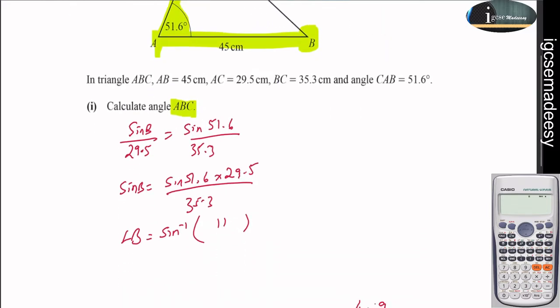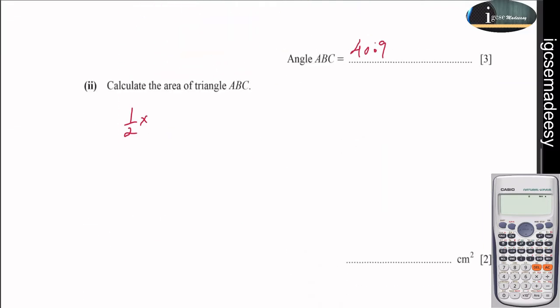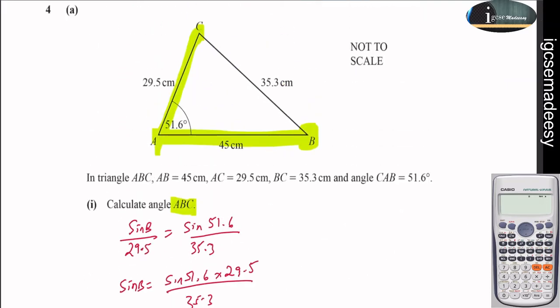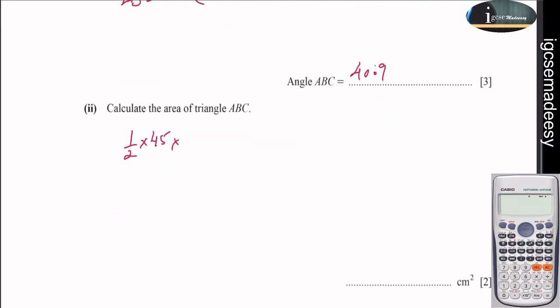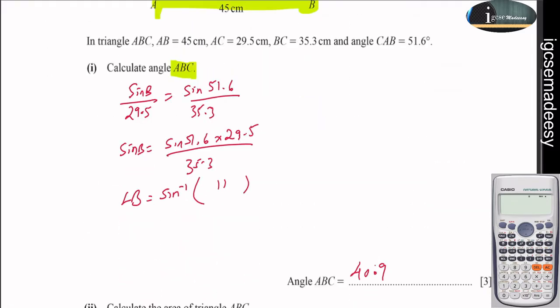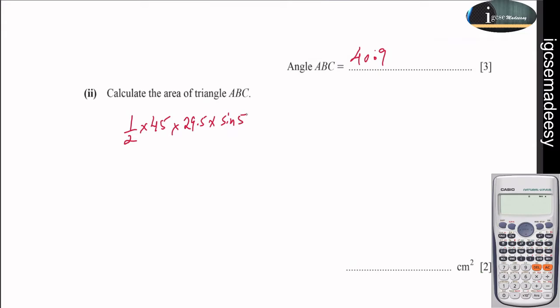Sine of 45 times 29.5 times sine of the in between angle. What is the in between angle? 51.6.